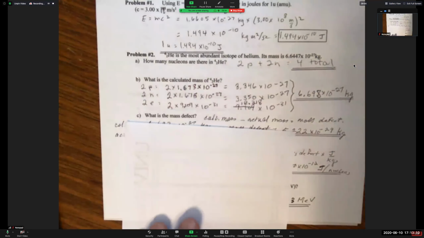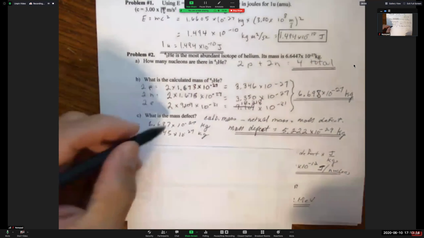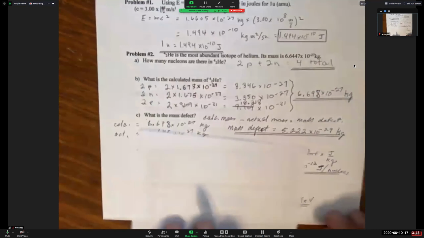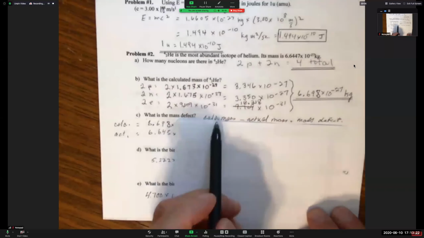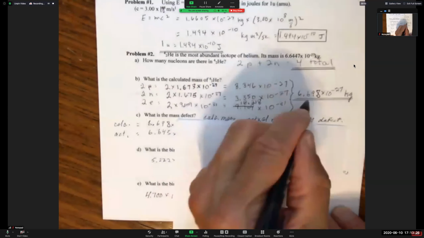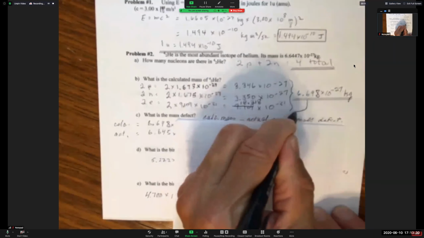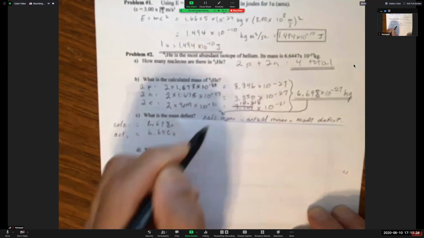So what is the mass defect? Let me back up a minute. The mass defect is the calculated mass, the mass we just calculated from here, minus the actual mass.